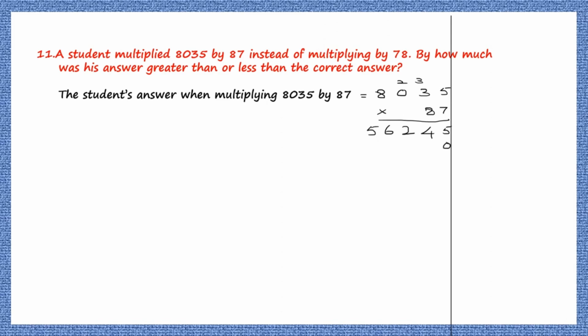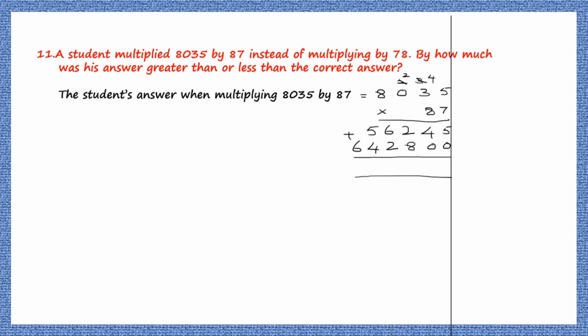Second step, 8 fives are 40, carry 4. 8 threes are 24, plus 4 is 28, carry 2. 8 zeros are 0, so we put the 2. 8 eights are 64. Now we need to add up.